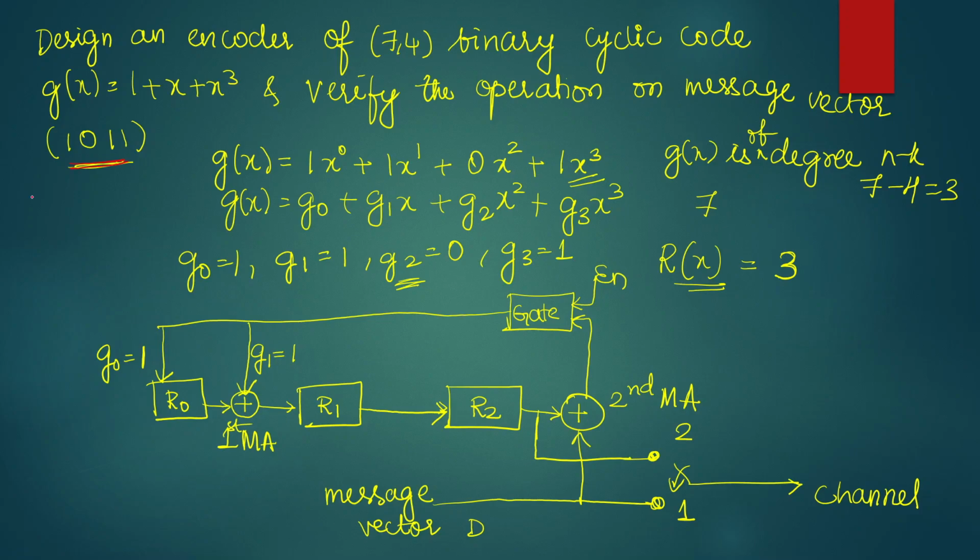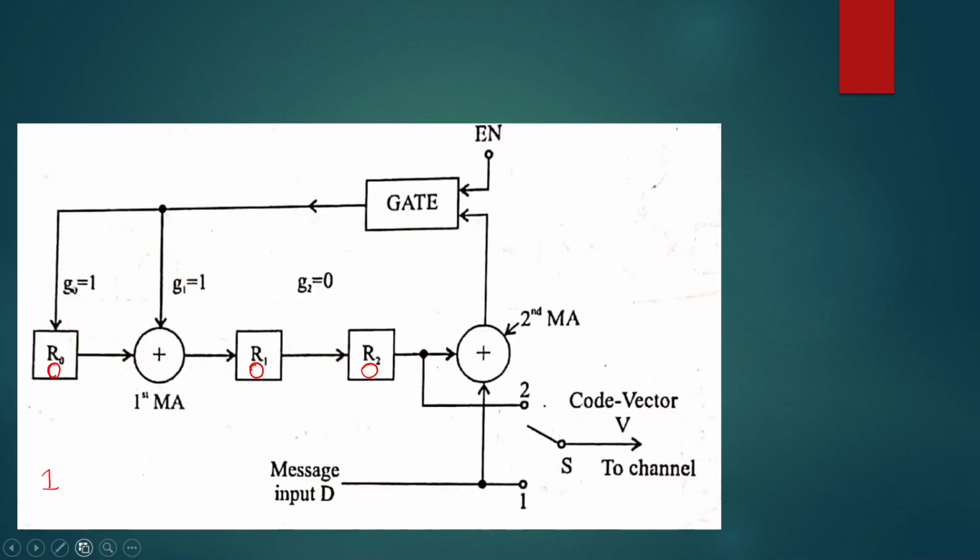Please remember, D is 1011, where the first bit is the LSB and the last is the MSB. Why is that so? Because D can be expressed as 1 into x power 0, plus 0 into x power 1, plus 1 into x square, plus 1 into x cube. You can see the highest power of x has the coefficient 1, followed by the lower powers of x.